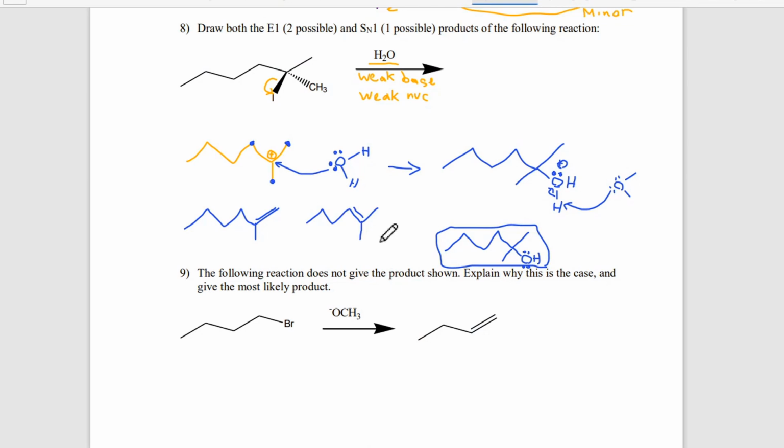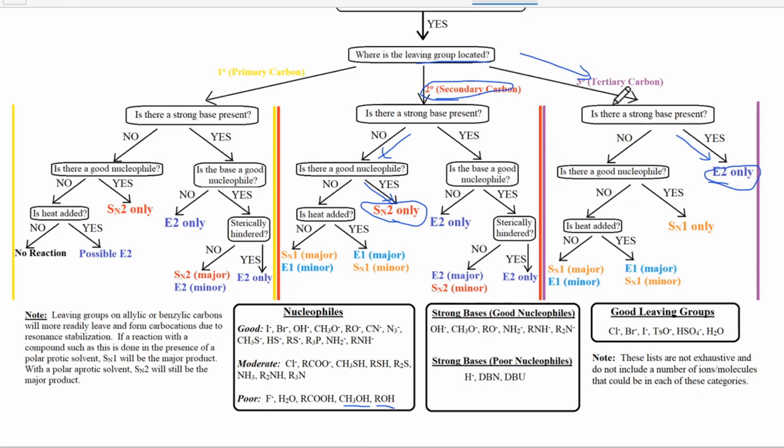Now, going back to our substitution elimination flowchart, there's not a strong base, there's not a good nucleophile. The question then that actually determines which one of these is going to be the major product is heat added? If you have heat added, the major product would be elimination. If there's no heat added, then substitution would be the major product and elimination would be the minor.